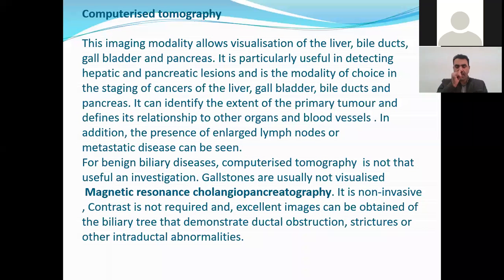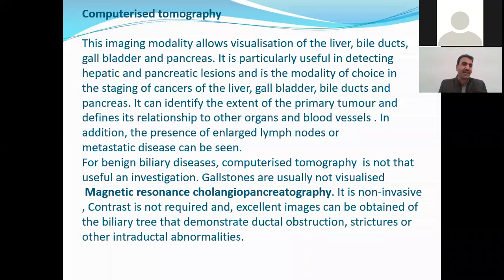This imaging modality, the CT scan, allows visualization of the liver, bile duct, gallbladder, and pancreas. It is particularly useful in detecting hepatic and pancreatic lesions and is the modality of choice in staging of cancer of the liver, gallbladder, bile duct, and pancreas.